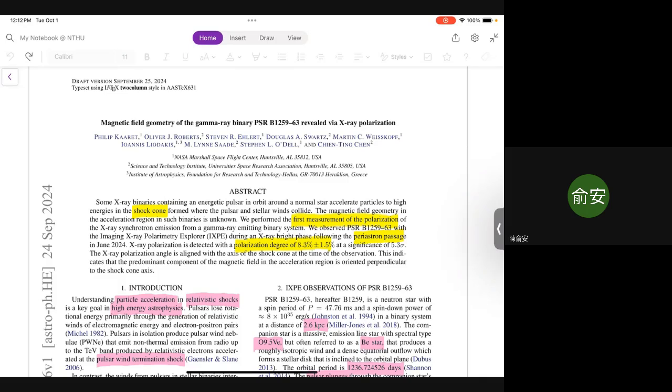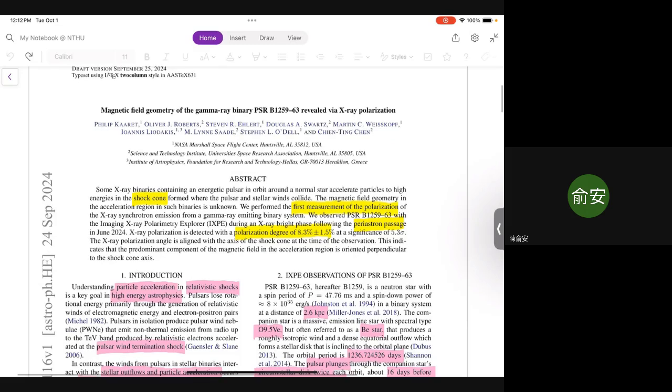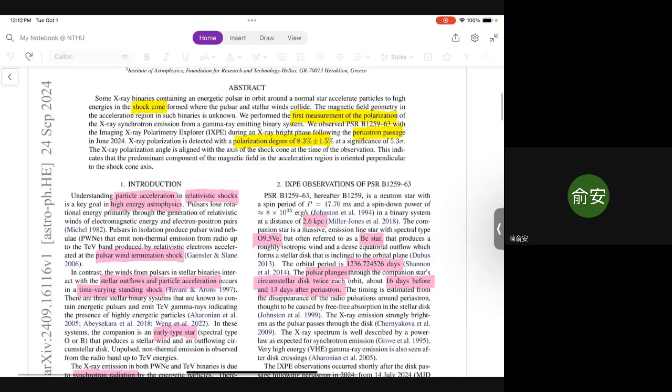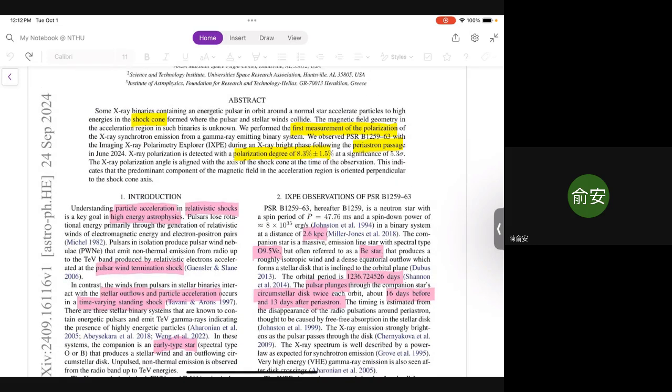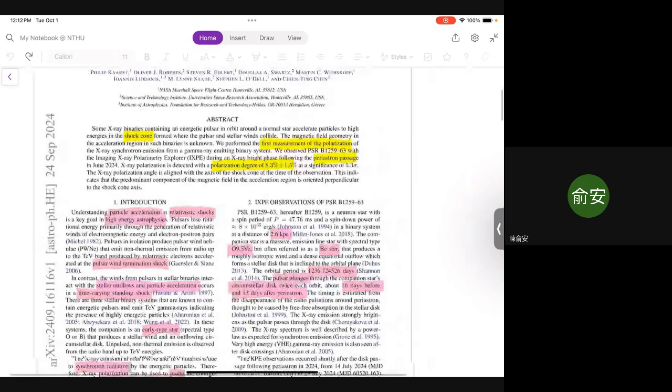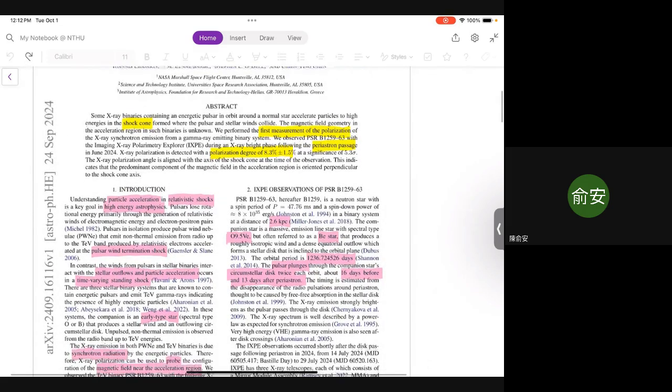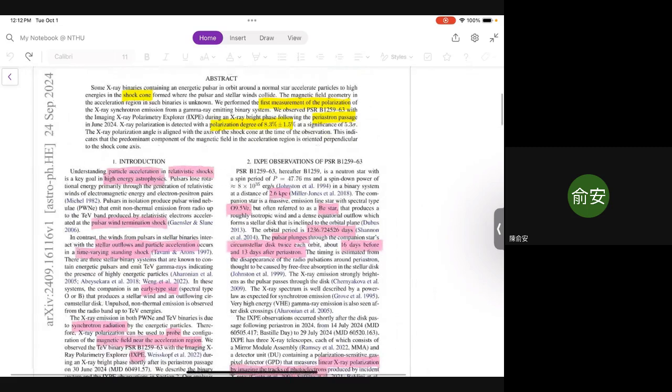And the binary in this system is a neutron star, a pulsar. So that's why the name is PSR B1259-63. So the paper introduces by starting to tell us about particle acceleration in relativistic shocks, how do they occur?